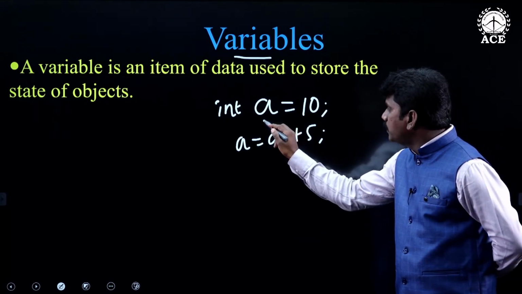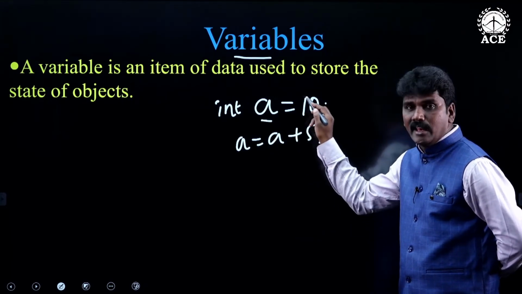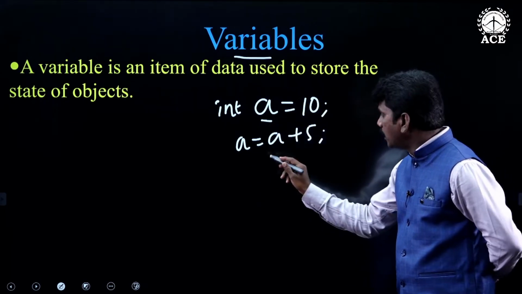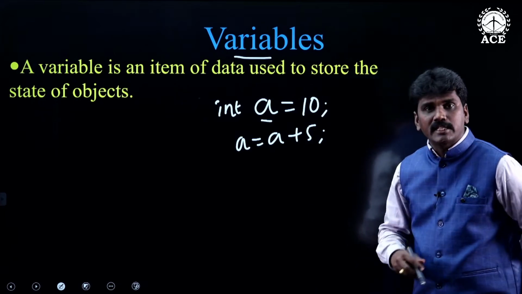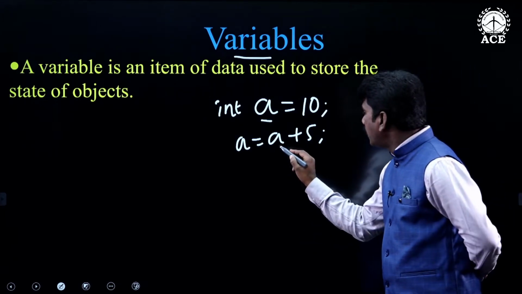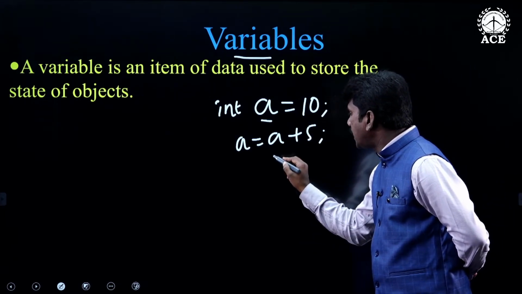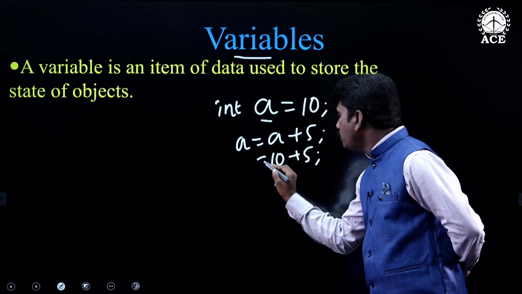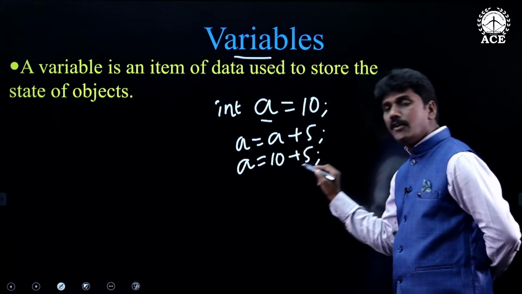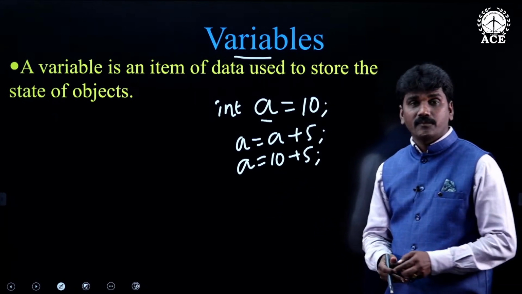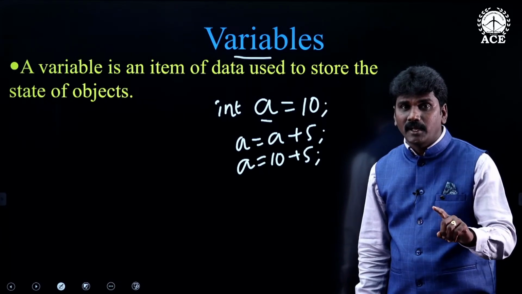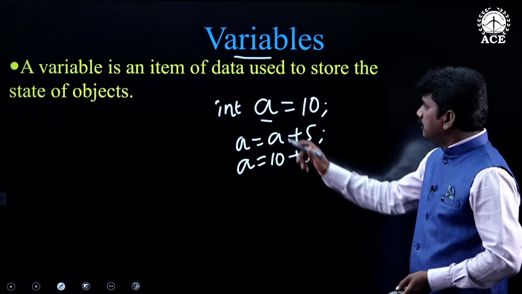Initially a was initialized with the value 10, but now a is equal to a plus 5, that is 10 plus 5, so a now contains the value 15. So the variable's value may change during the execution of the program. Yes.